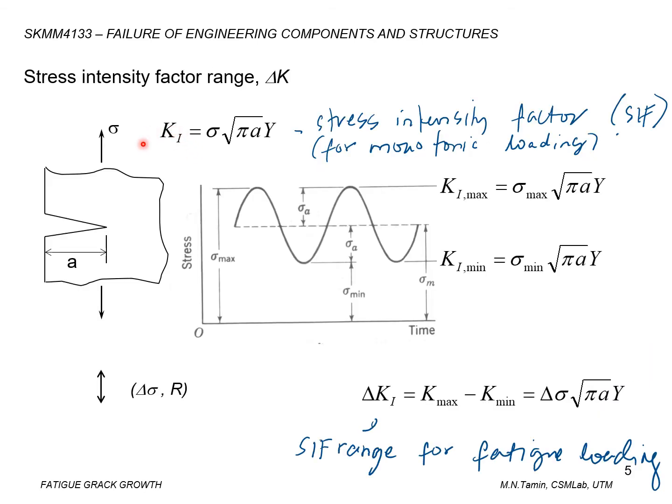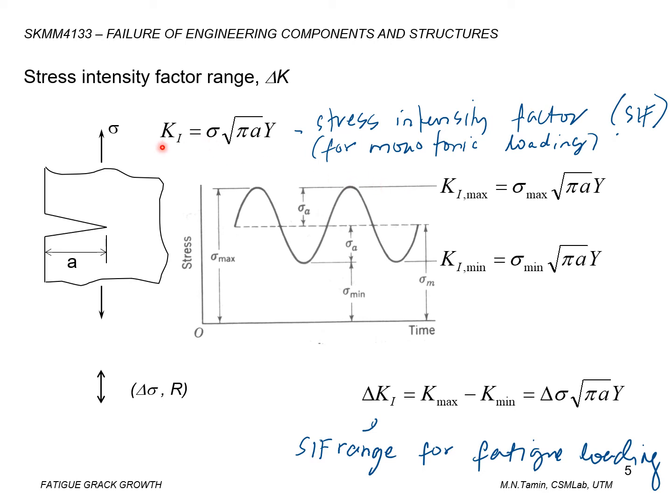From fracture mechanics for monotonic loading, where the stress goes from 0 to the maximum permissible value, we have this equation for stress intensity factor, where Y is the geometry factor. Now we are considering fatigue loading, where the stress will make sinusoidal cycles. We apply the stress intensity factor at the maximum stress level.